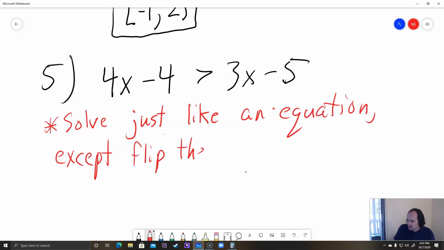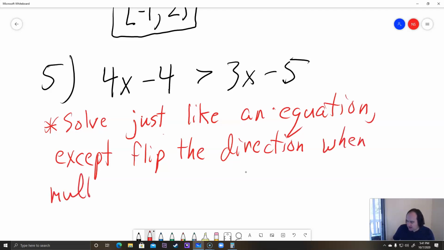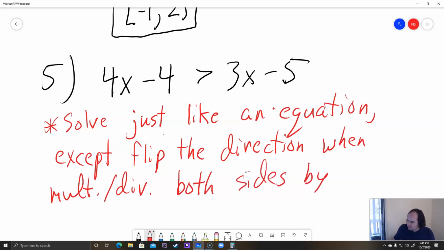So you switch the sign, you flip the direction when multiplying or dividing both sides by a negative number. So you solve it just like an equation by performing operations to both sides, except you flip the direction of the inequality whenever you multiply or divide both sides by a negative number.